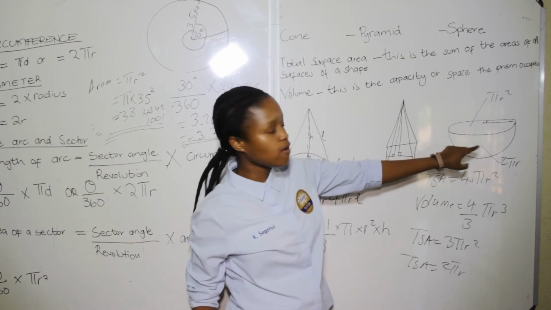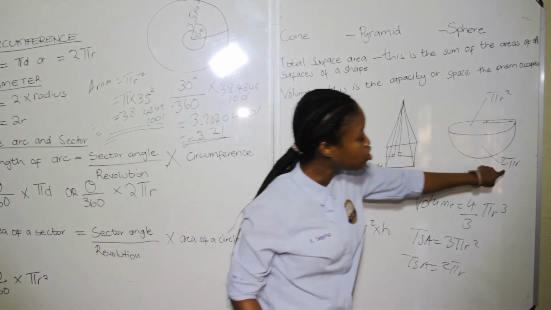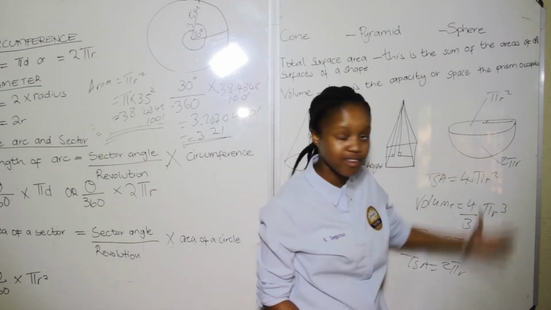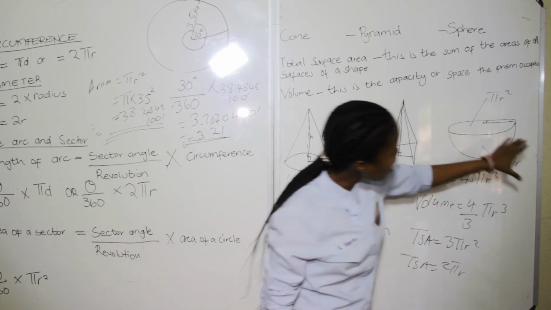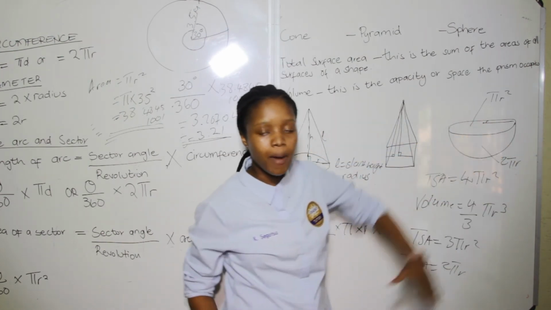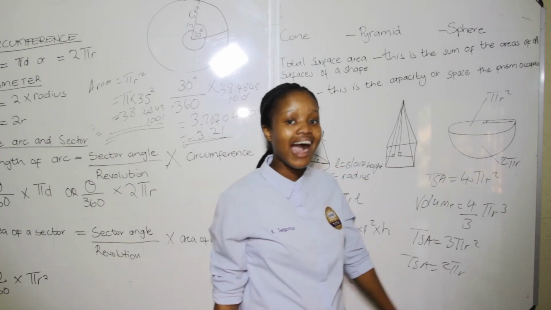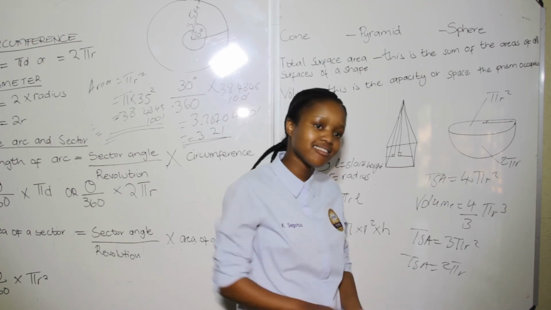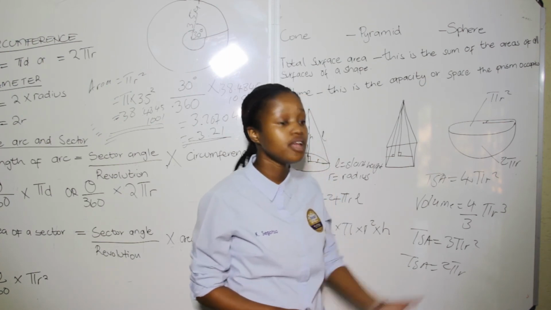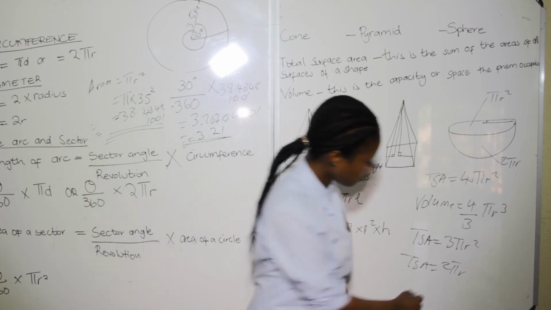You see that the pi r squared comes from the circle inside there. The 2 pi r squared comes from the curved surface area. So when we don't have that top part, when it's just hollow inside, it's going to be 2 pi r squared. But when it's a solid hemisphere, it's going to be 3 pi r squared. I hope you get that.